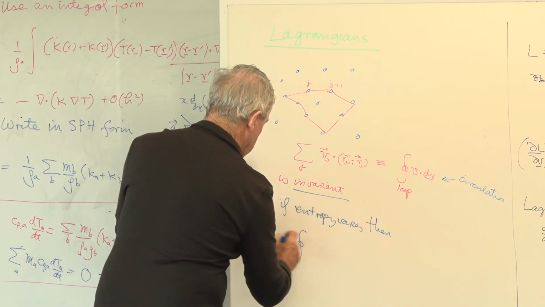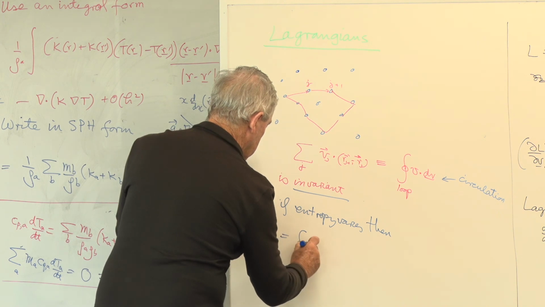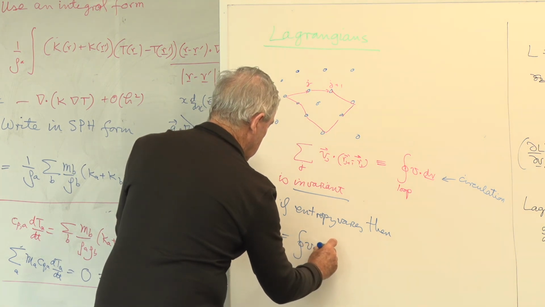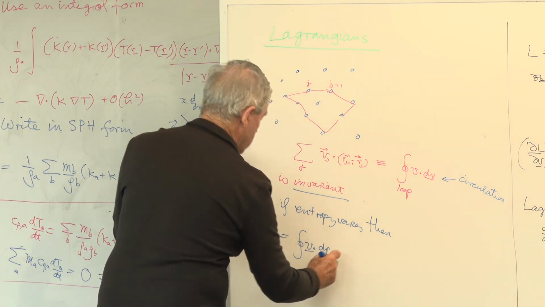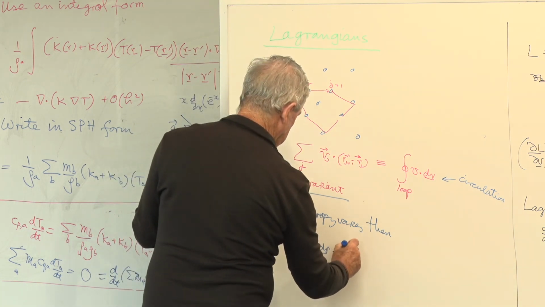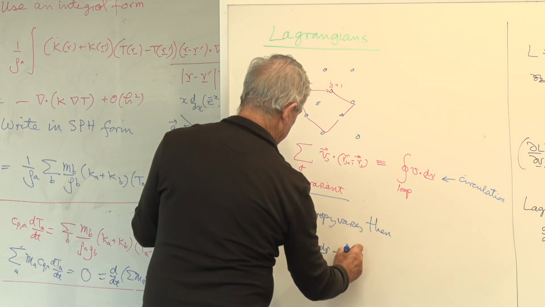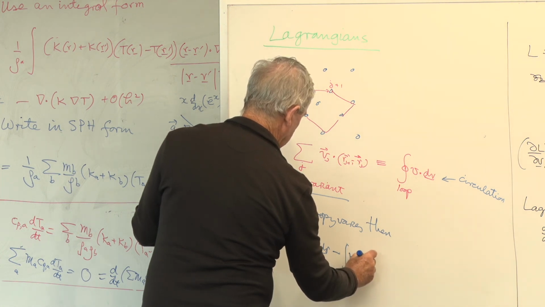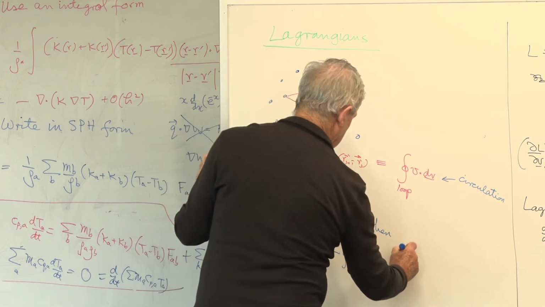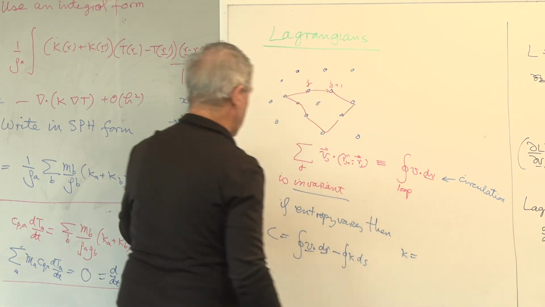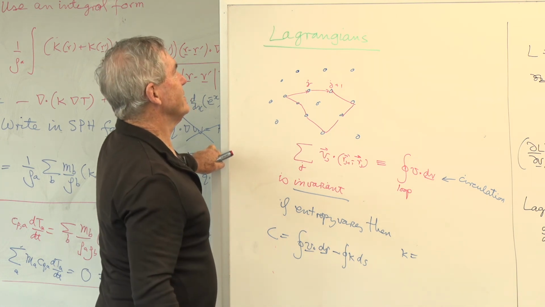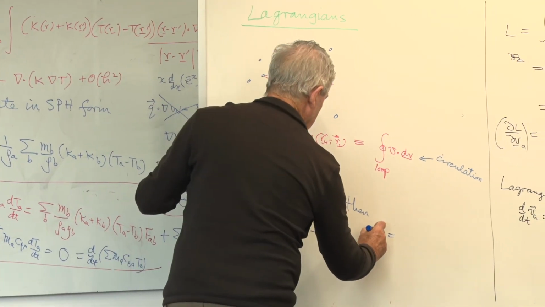The integral around the total circulation, kappa dS integrated around. So this is entropy, and kappa, now I've got to think about how I do it. I get the temperature, d kappa dt.